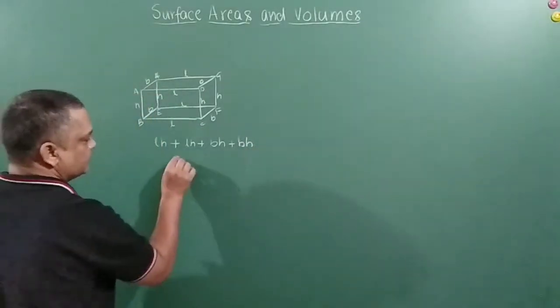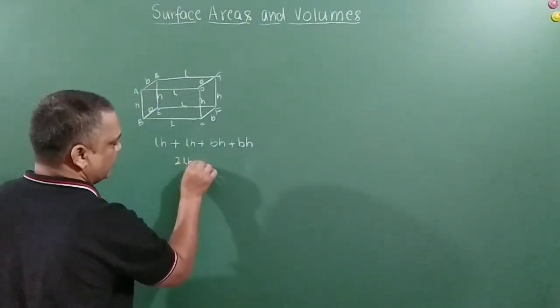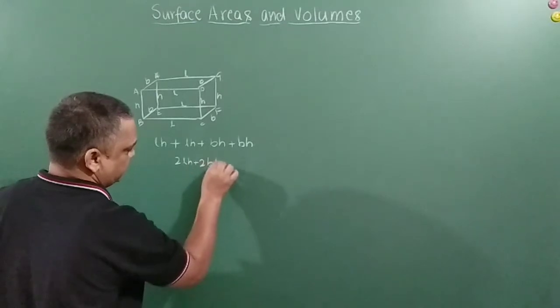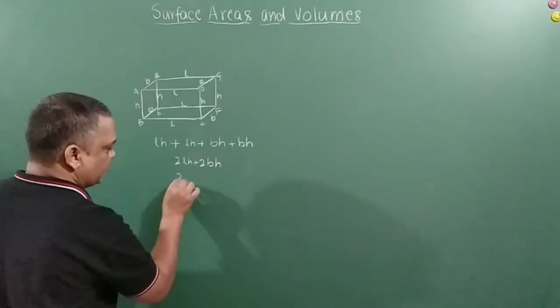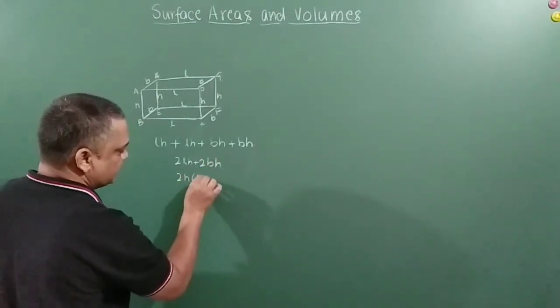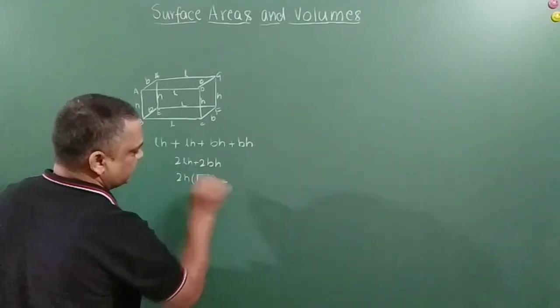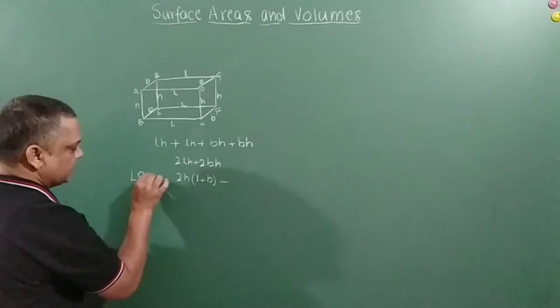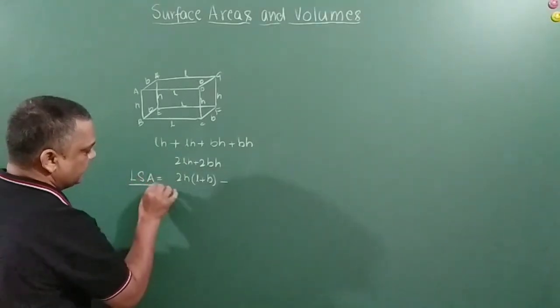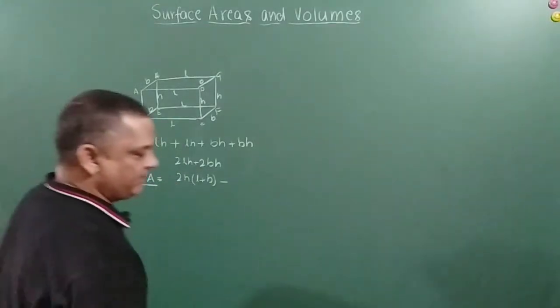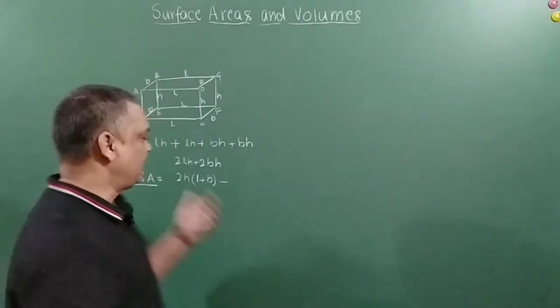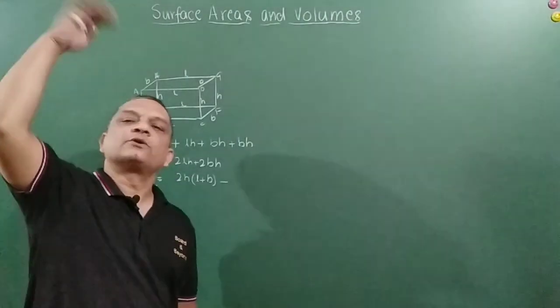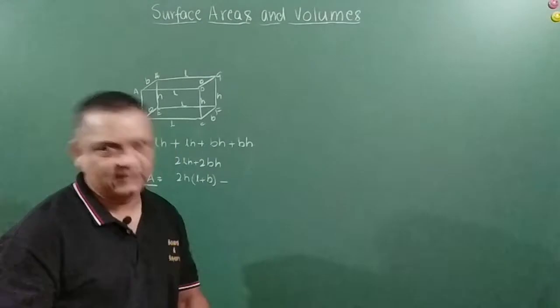So we can write 2LH plus 2BH. If I take 2H common, this is L plus B. This is called lateral surface area. Generally, when we paint a house, then we paint the lateral surface area and the roof. We don't paint the floor.